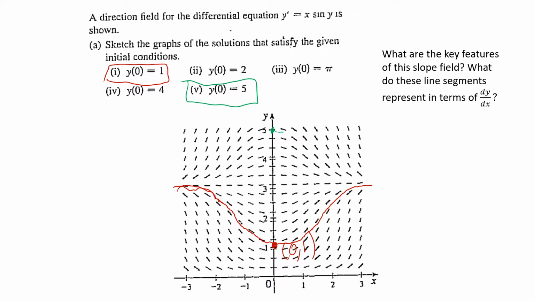As I move to the right, it'll look like this, and it should look roughly symmetrical as I move to the left, being corralled, and there would be my solution curve for a curve that goes through the point 0, 5. Okay, so two very different looking curves, but they're appropriate to the initial conditions, if you like, a known point on the curve.